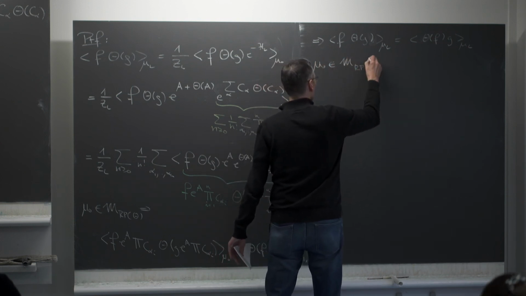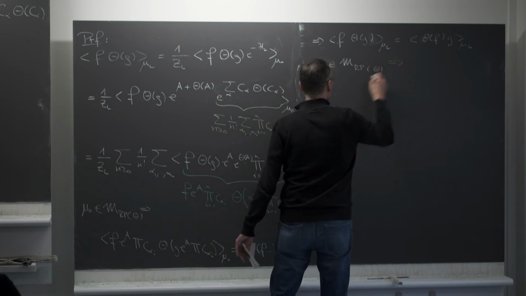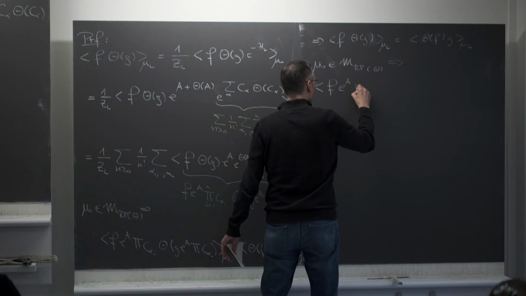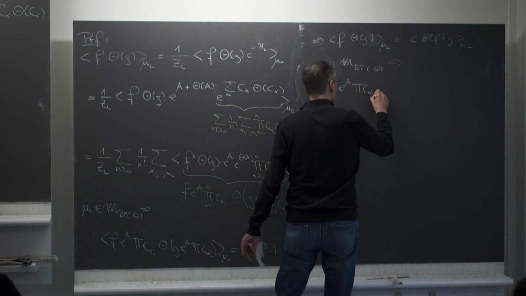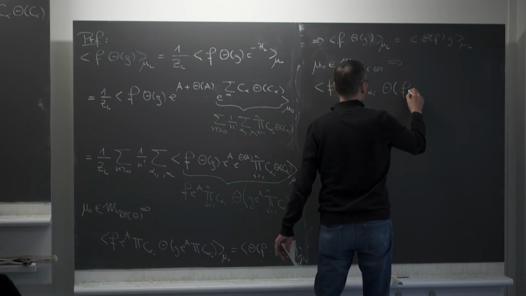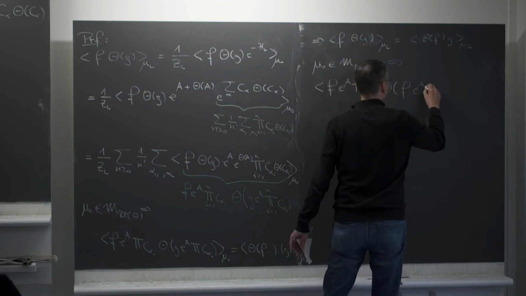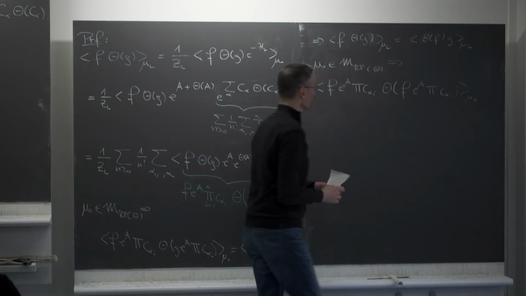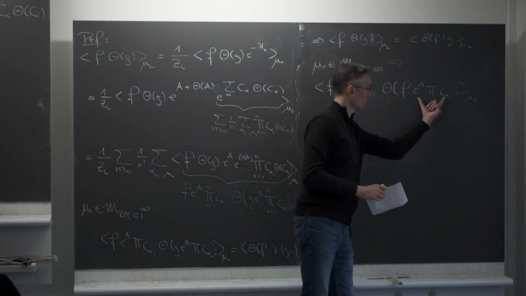this also implies the fact that f e to the a product of C_α I, θ, and now I take f equal to g, f e to the a product of C_α I, μ_0. The function which is here is the same as the function which is here.